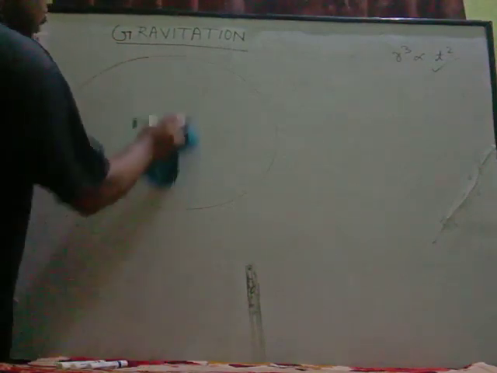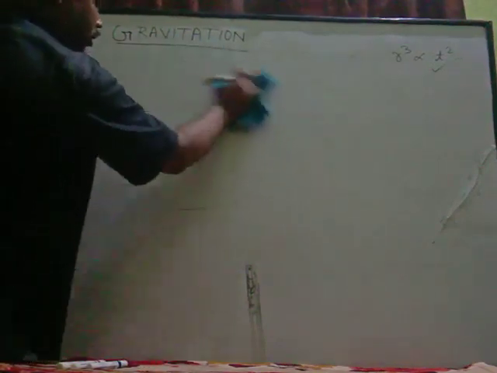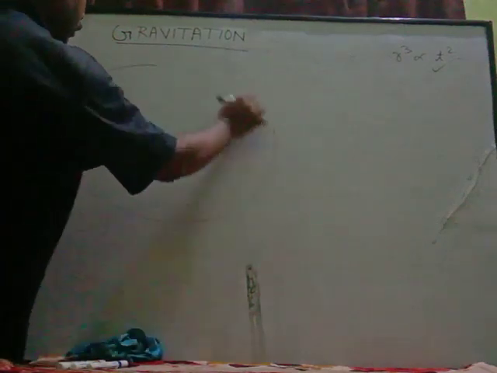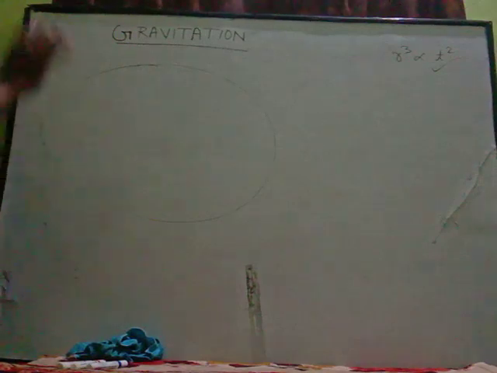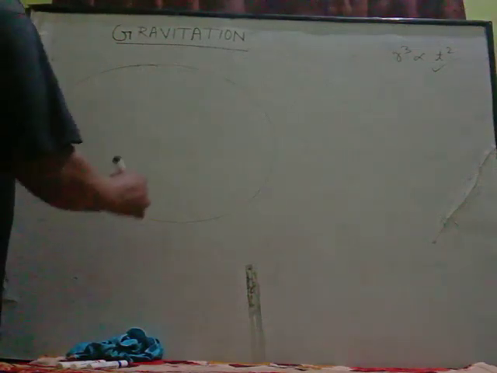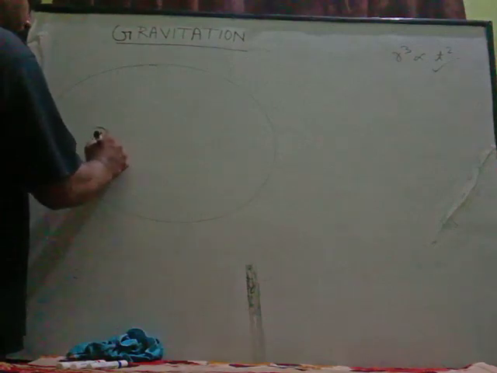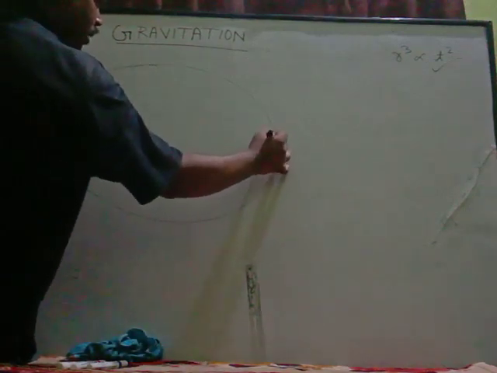Suppose this is an elliptical path, and suppose the sun is here at focus F1 and the planet is moving here.